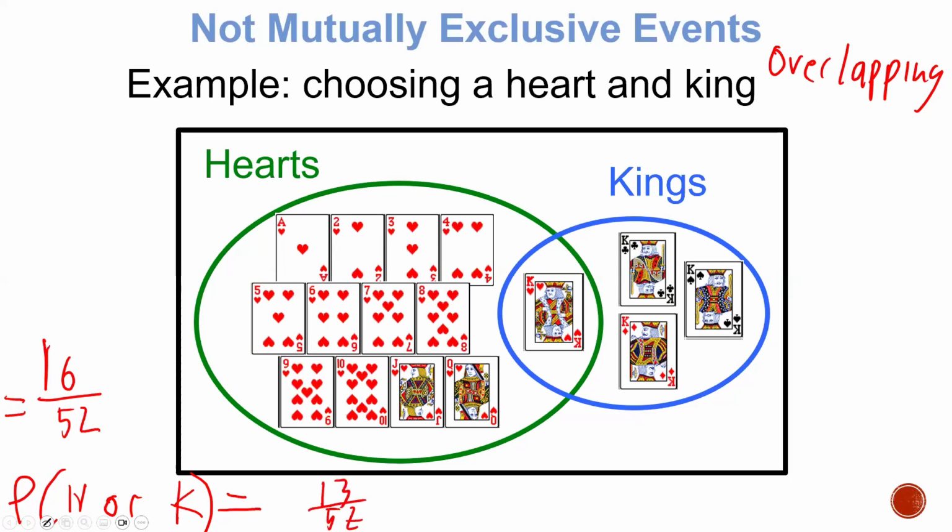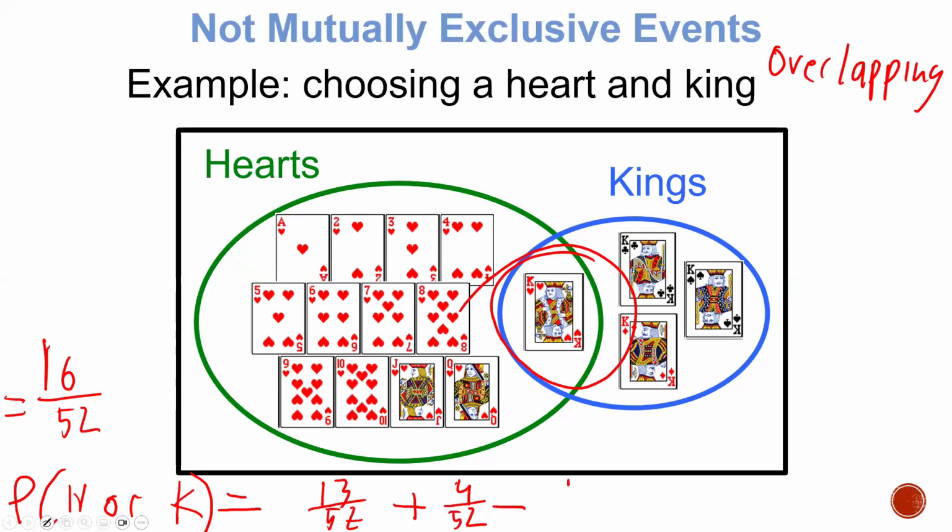This is the probability of drawing a heart. I could add the probability of drawing a king, and that seems that it would give us the probability of drawing a heart or a king. But this is going to add up to 17 out of 52 because notice it is double counting this outcome because it belongs to both events.